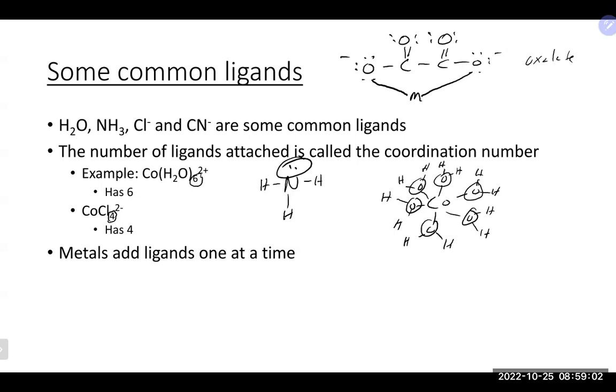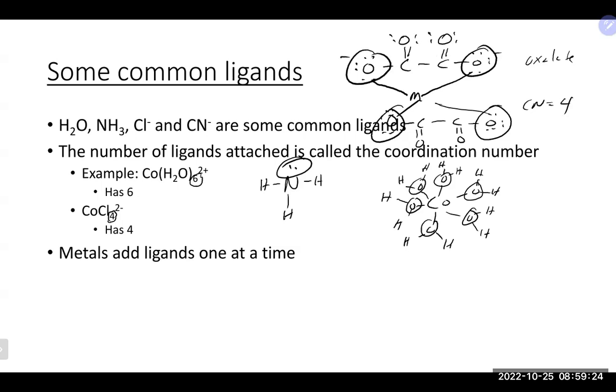If you had 2 of those oxalates, you would have a coordination number of 4. 1, 2, 3, and 4. So even though you have 2 oxalates, because each one can attach in 2 places, you double it and you get a coordination number of 4.